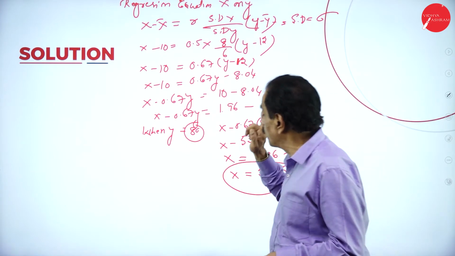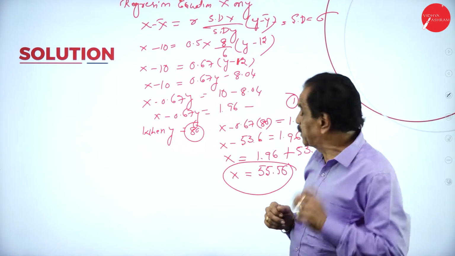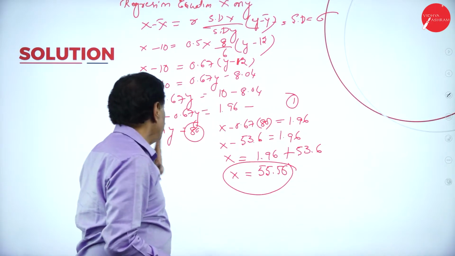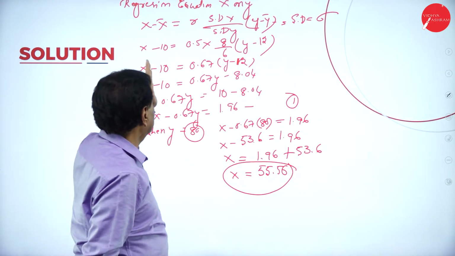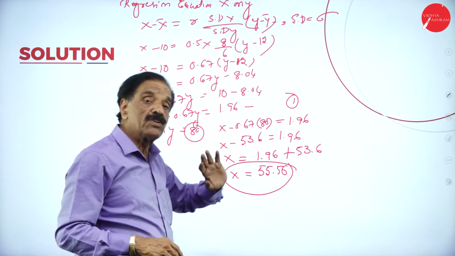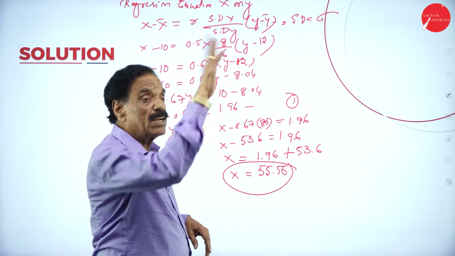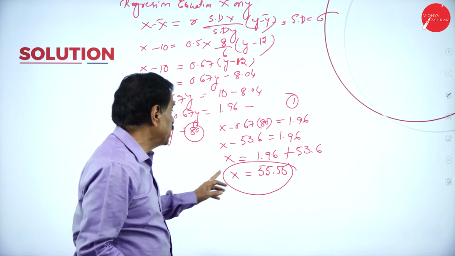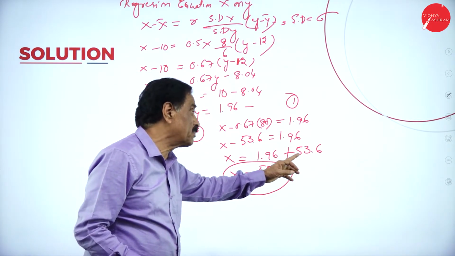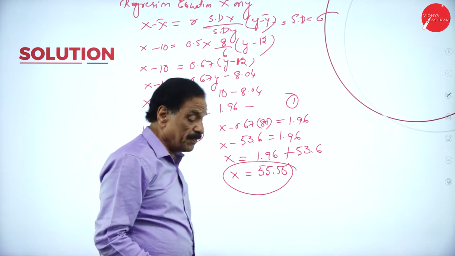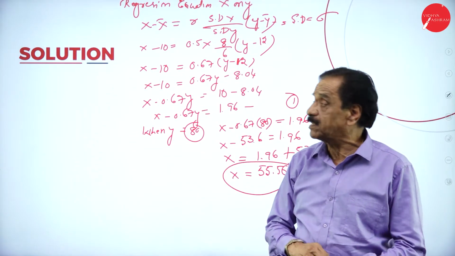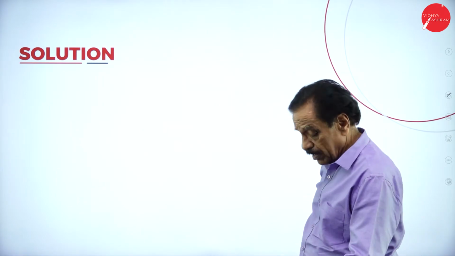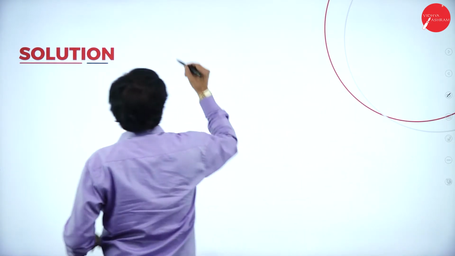The problem says when y is 80, what is the value of x? X minus 0.67 into 80. When you want to find the value of x, you take the equation x on y. If you want to find the value of y, take y on x. X minus 53.6 equals 1.96, so x equals 1.96 plus 53.6. It will come 55.56 as the answer. This is x on y. We'll move on to the next one. Regression equation.